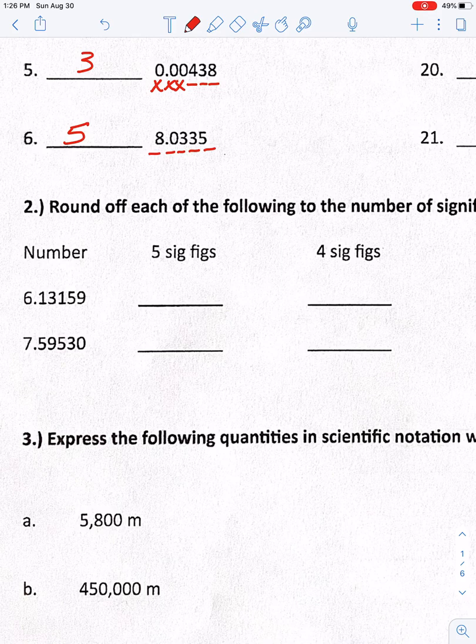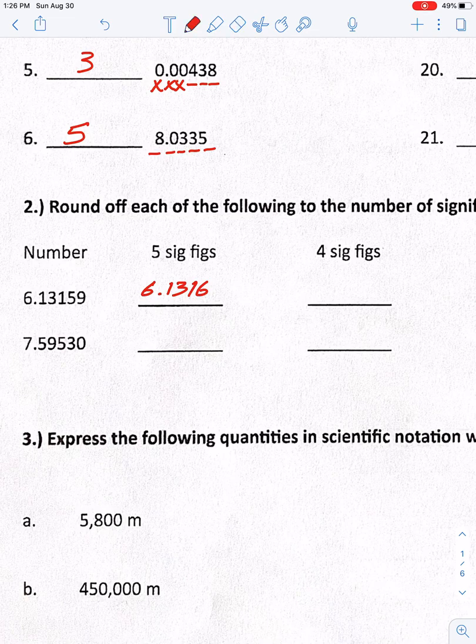I'm going to count from the left, 1, 2, 3, 4, 5, and I would draw my line right between that 5 and 9. That 9 is going to tell me that I'm going to round that 6 up. So my answer would be 6.1316.